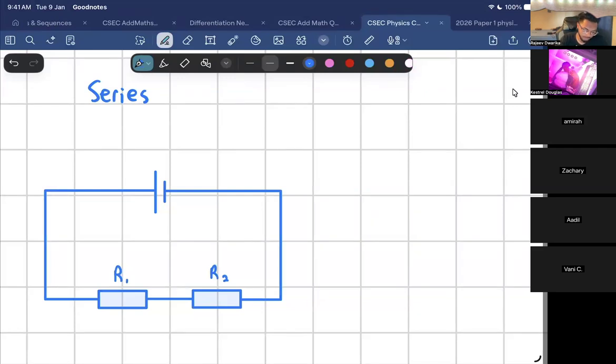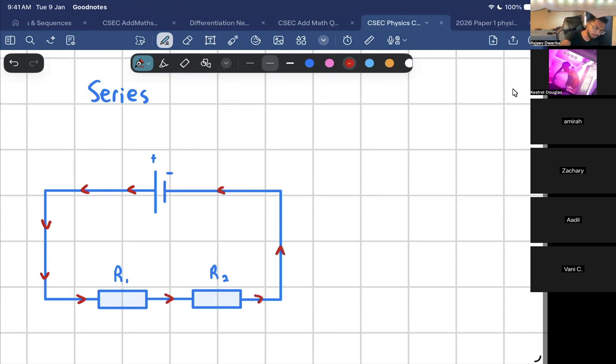Yeah, positive. And the shorter terminal represents what? Negative, right. So we're going to go from positive to negative, like so.